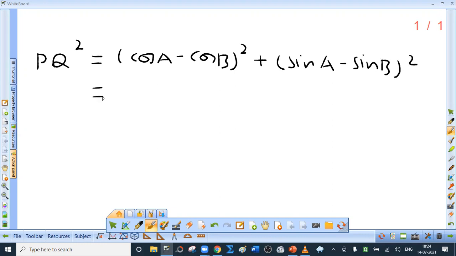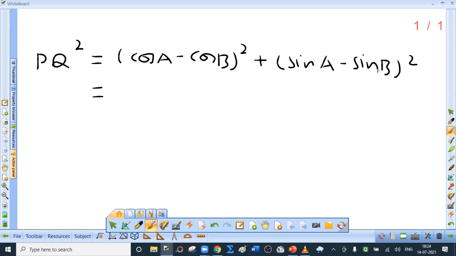Now, what is (cos A minus cos B) square? It is cos square A plus cos square B minus 2 cos A cos B. And here sin square A plus sin square B minus 2 sin A sin B. Now I am omitting that step, so I will explain this once again. See, cos square A and here sin square A. Addition is 1.